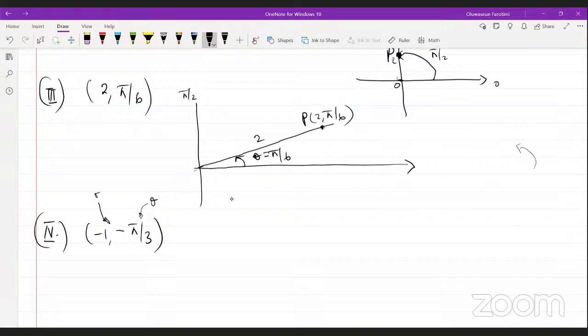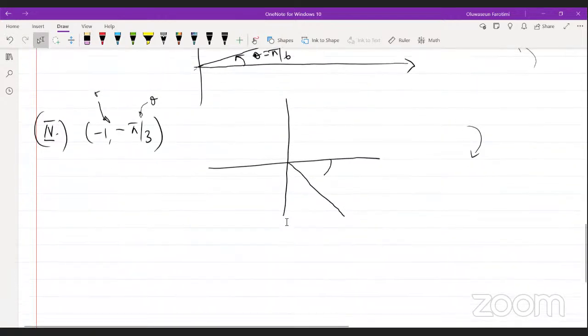We go clockwise. Clockwise means I'm traveling in this direction, by pi over 3.